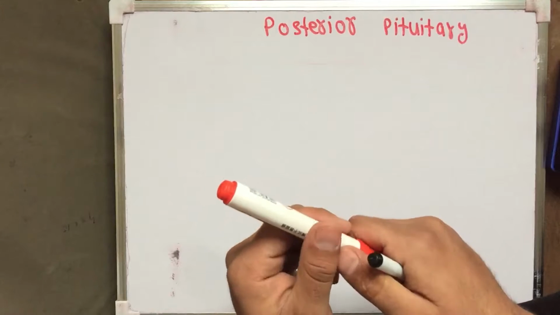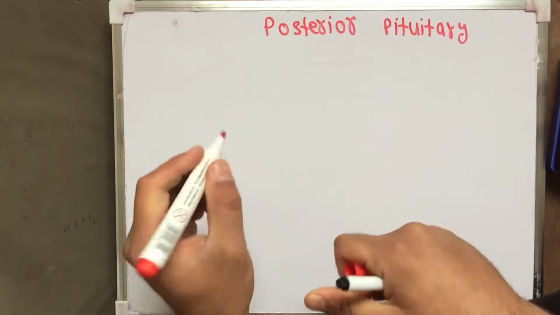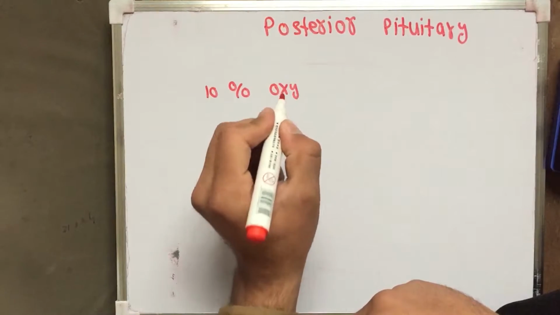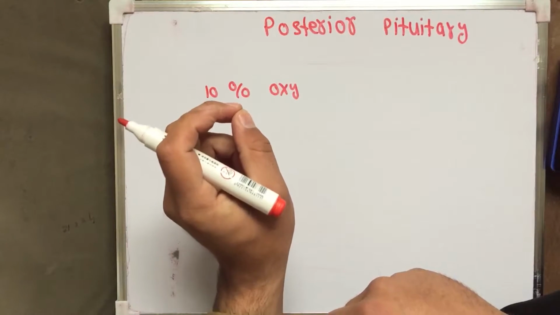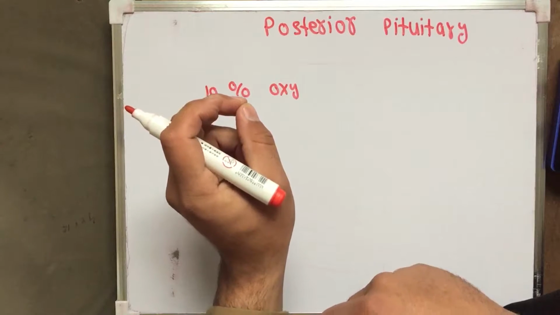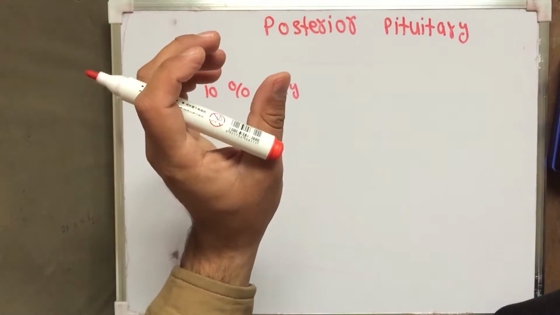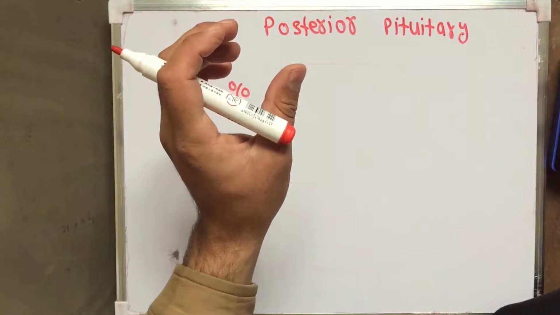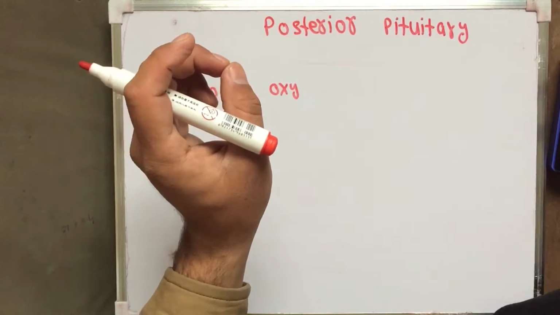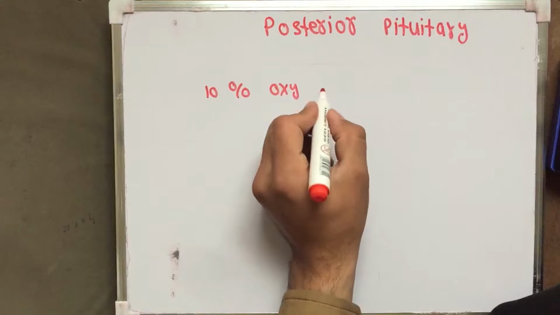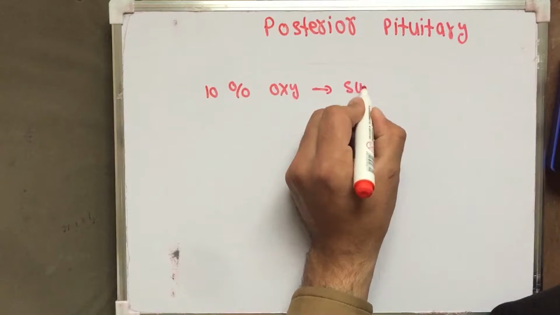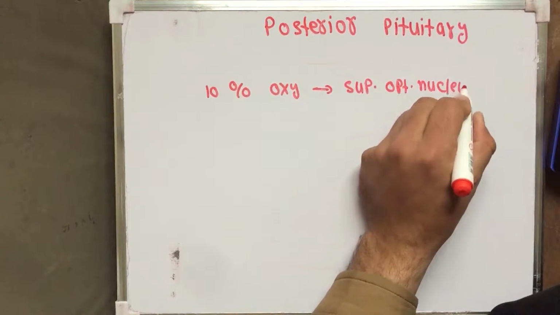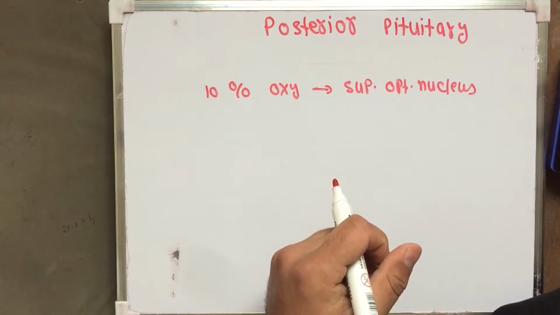Now, one thing to be noted is that 10% oxytocin is also produced by the supraoptic nucleus. Normally, supraoptic nucleus produces antidiuretic hormone, but 10% oxytocin is also produced by the supraoptic nucleus. The same is the case with antidiuretic hormone.